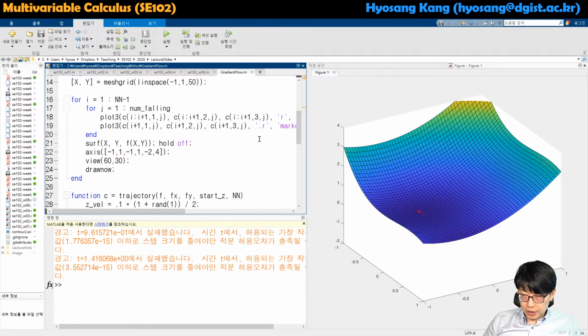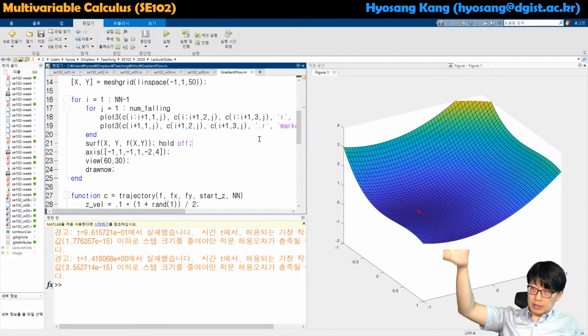If you want to decrease the height, which means that you decrease the potential energy, then you should always move in the gradient direction, right? It doesn't matter when you're just falling from the sky, but when it touches the surface at one point, from then the water follows along the surface of the graph.